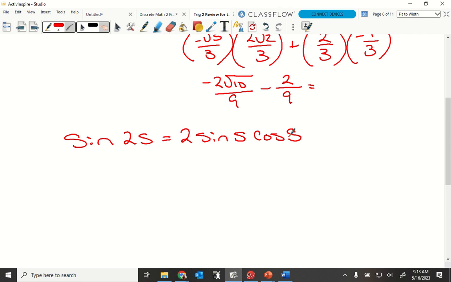I don't recall, where were we left off? We left off here. We just finished this and we're doing this. So sine s, was that negative 1 over 3? No, positive 2 over 3.